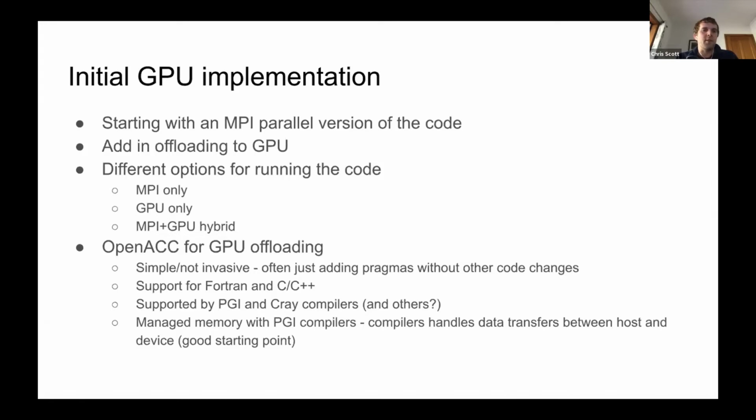The nice thing about OpenACC is that it's quite simple and not invasive, in that you don't need to make lots of changes to the code to get good improvements. It has good support for main scientific programming languages. A few different compilers support OpenACC, and it also has options like managed memory with PGI compilers, which greatly simplifies adding OpenACC into your code to get the boost from the GPUs.